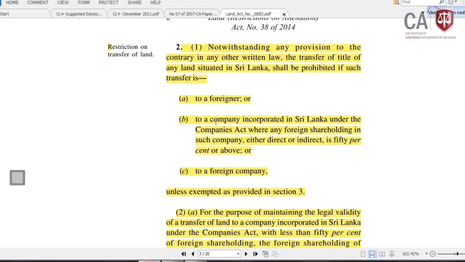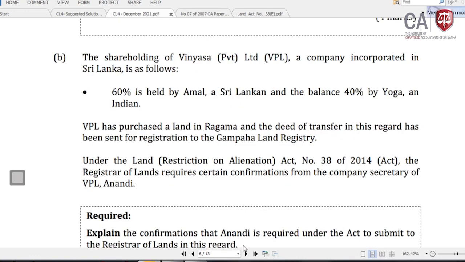So, answering the question that you have been given here, these are the important points that you have to mention in your answer. In relation to this deed of transfer, the Act requires the company secretary, Anandi, to submit the following confirmations. They are asking what are the confirmations that this company secretary has to submit to the Registrar of Lands.